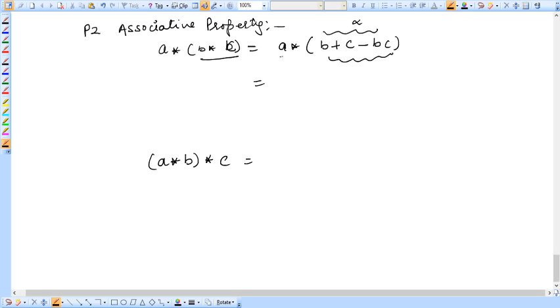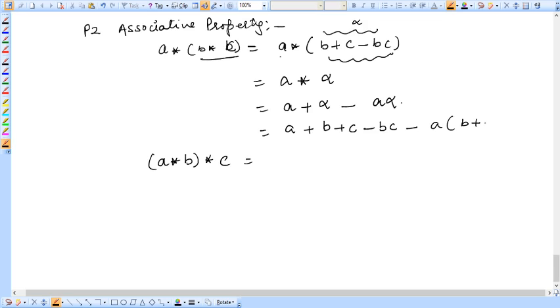Then it would be A star alpha, it is equal to A plus alpha minus A alpha. You see A plus alpha is equal to B plus C minus BC minus A times B plus C minus BC.